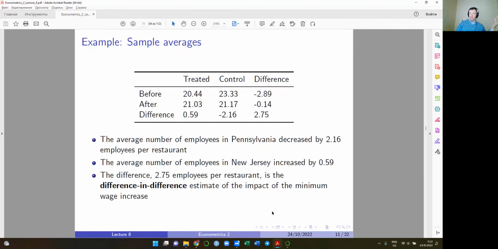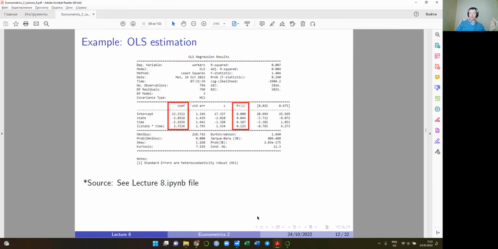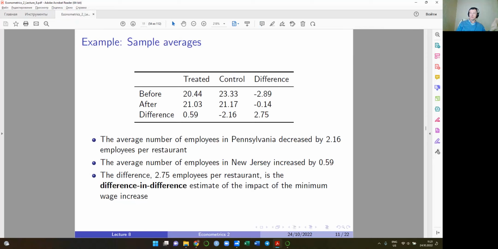We don't see any standard errors here, so we are not able to proceed with statistical inference. We are simply looking at the numbers right now. Of course, you might argue: is this effect significant?